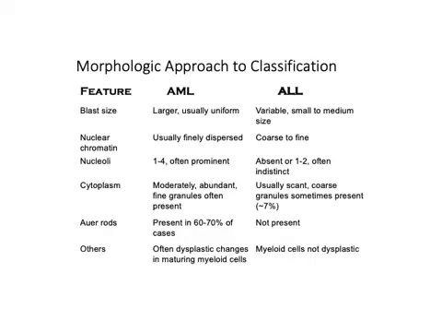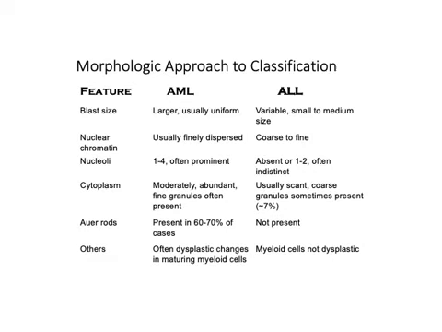The most widely used is the morphologic approach, although this is not really very accurate and subject to inter-observer variability. So here you must distinguish a myeloblast from lymphoblasts based on their characteristic morphologic features.